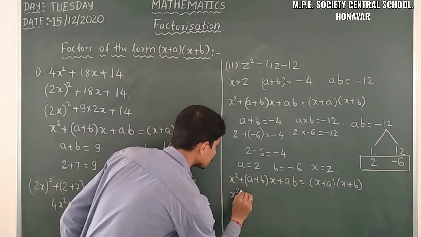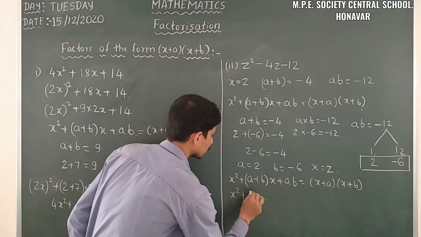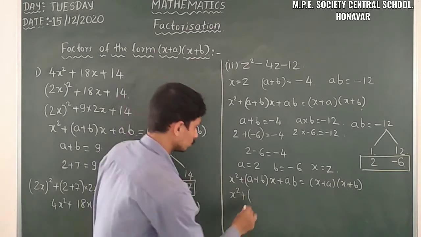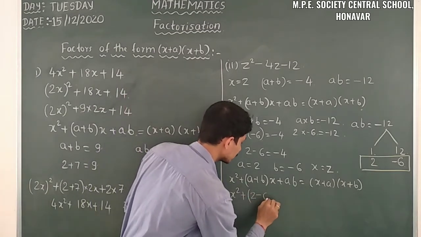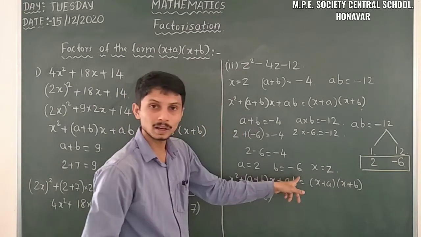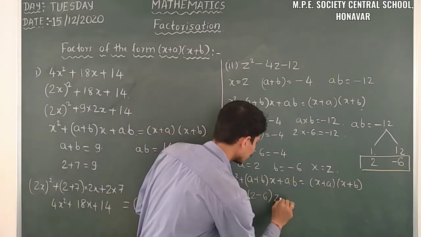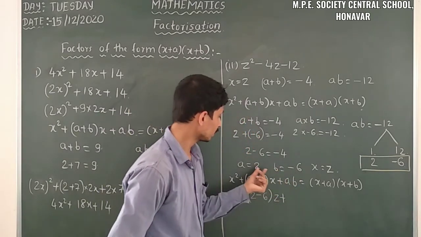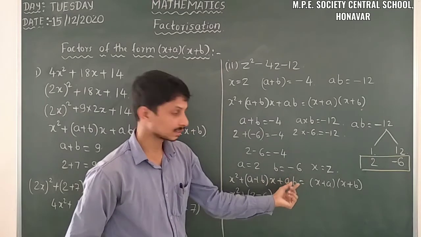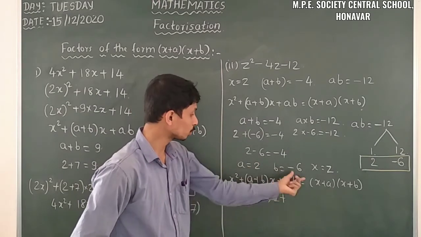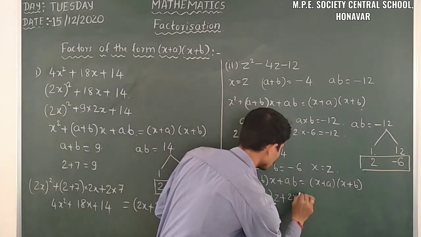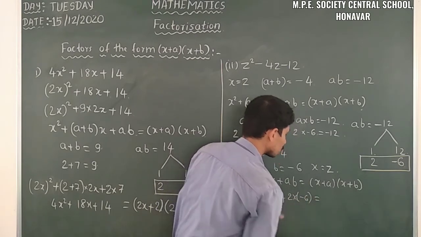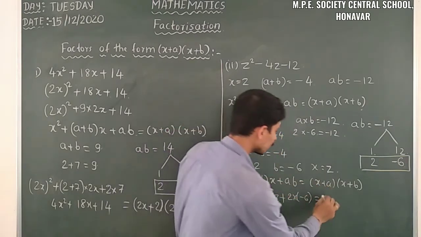X square plus, what's the value of a? 2. 2 minus 6, since the value of b is minus 6, into z plus. Then here a into b, we have 2 into minus 6. That is equal to x plus a. What's the value of x here?